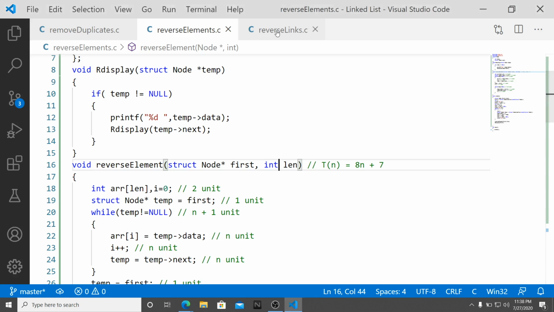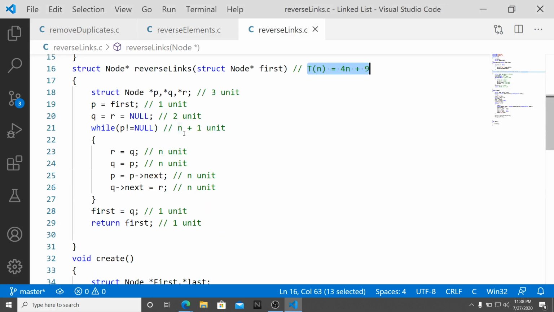Coming to the space complexity of method 2, we take one pointer variable called first, then 3 pointers, so totally 4. Is there anything else that we are taking? No, nothing. Only 4 units of space. For different values of n, will this 4 units change?